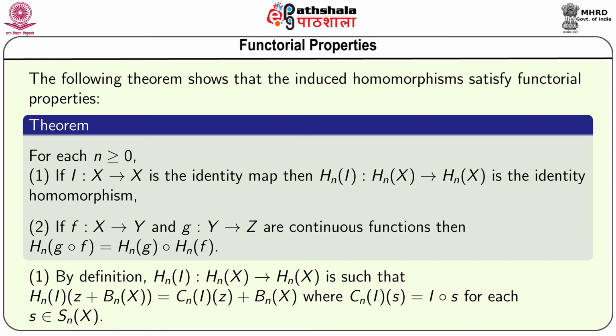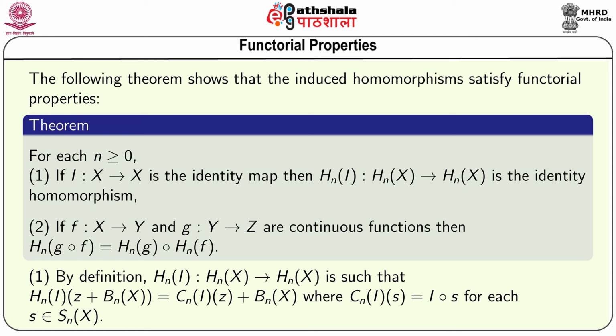For each n greater than or equal to 0, number 1: if I is the identity map from x to x, then Hn(I) from Hn(x) to Hn(x) will represent the identity homomorphism. And number 2: if f is a continuous function from x to y and g is a continuous function from y to z, then Hn(g composed f) is equal to Hn(g) composed Hn(f).